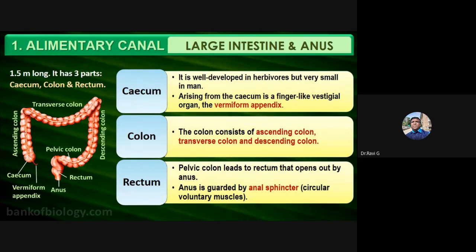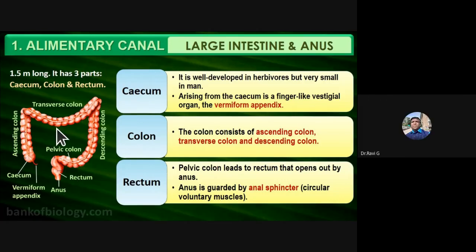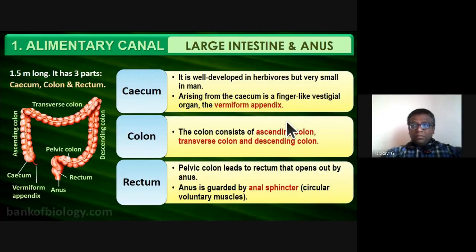You can see the cecum, the ascending colon, transverse colon, descending colon, and rectum. So the large intestine is 1.5 meters long and has three parts: cecum, colon, and rectum.